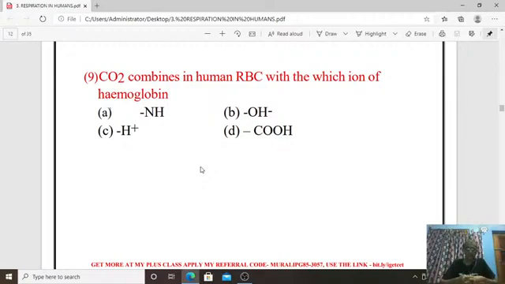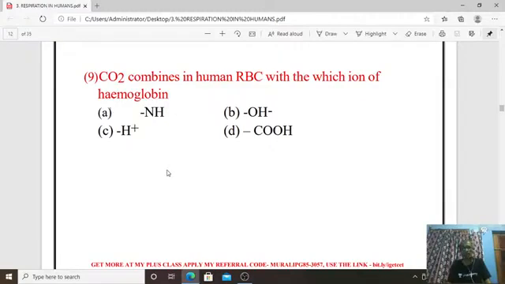In that we can observe the composition of the particular ion to which carbon dioxide is going to combine. That is what we call NH, the amino group. The carbon dioxide is going to be joined to the amino group of the hemoglobin.